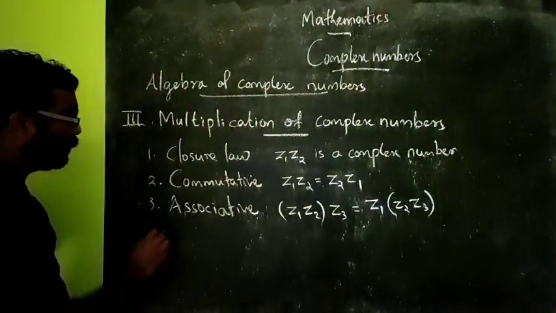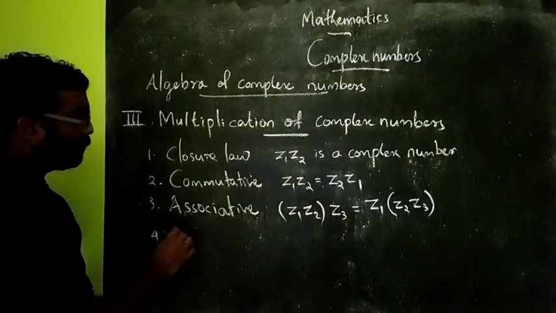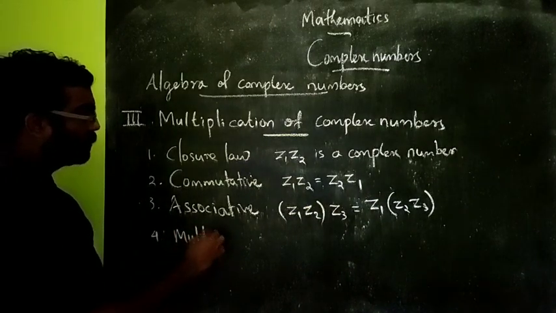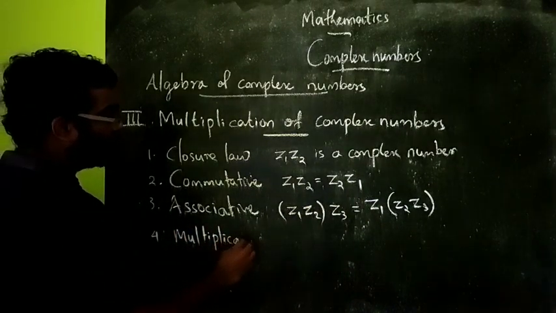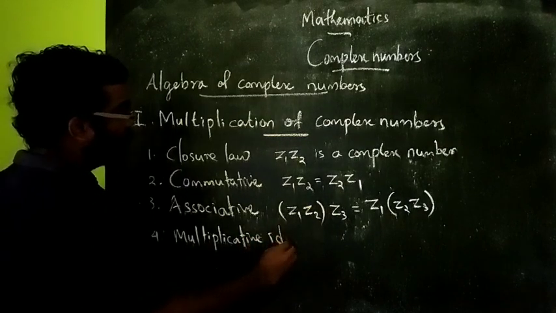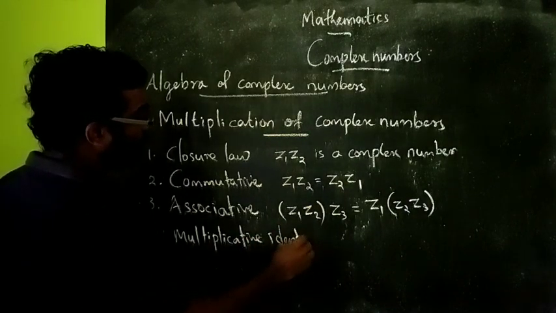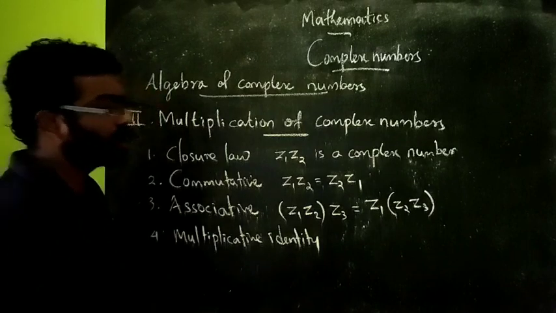And the fourth one is the existence of multiplicative identity. Additive identity is 0. Here multiplicative identity is 1.